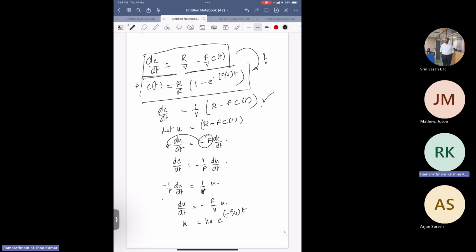I've done one trick and then reduced it to this thing which I know, period. So what is U naught? At t is equal to 0, C is equal to 0. So that's R, just R.